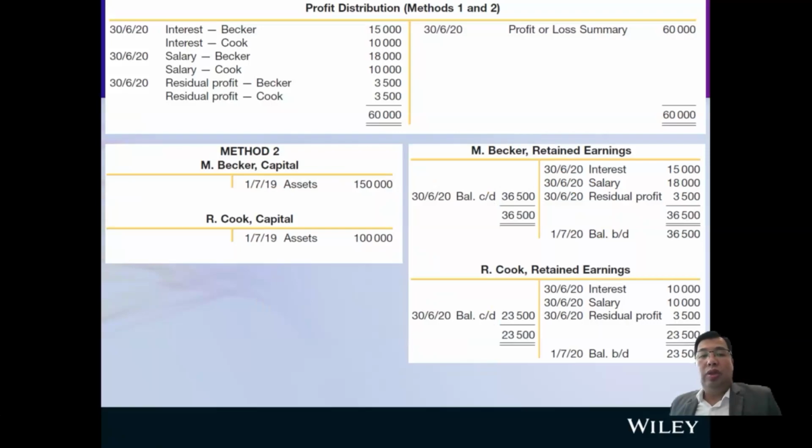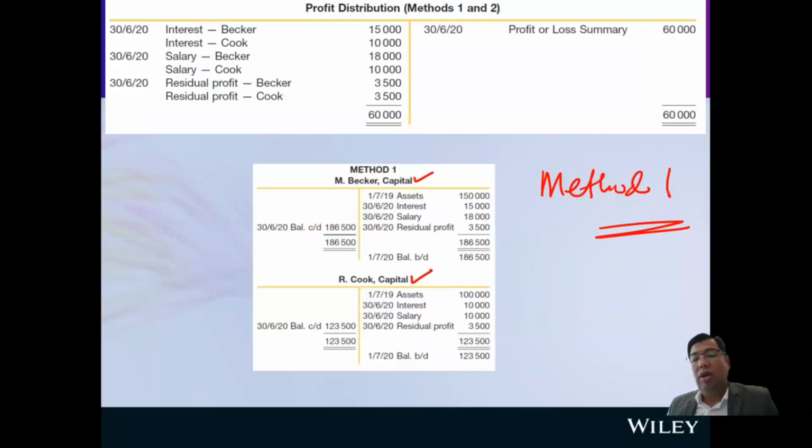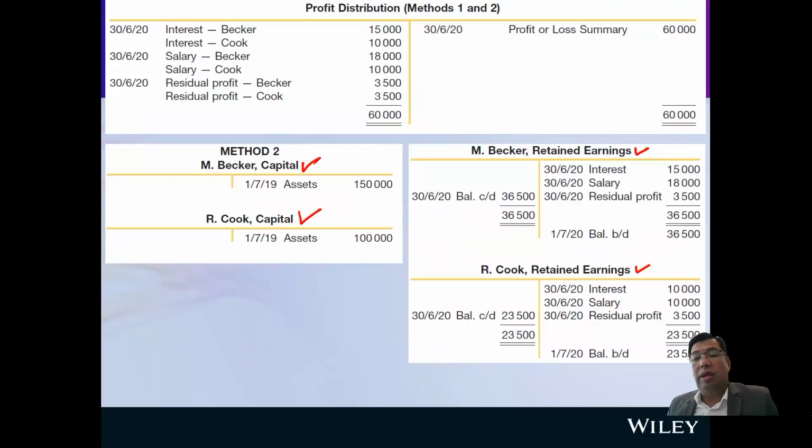But if you use method number two, we have the capital accounts, and on top of the capital accounts, we have the retained earnings account for Becker and the retained earnings account for Cook. So now we have two sets of accounts, capital plus retained earnings for each. This is the difference between method one and method two. Method one has only one account, that is capital. Method two has two accounts, capital and retained earnings.